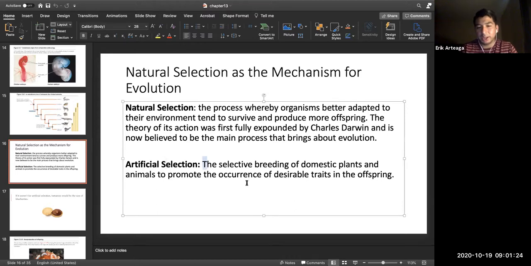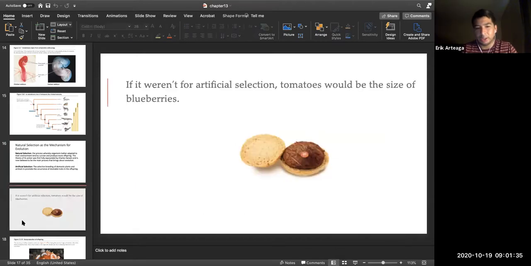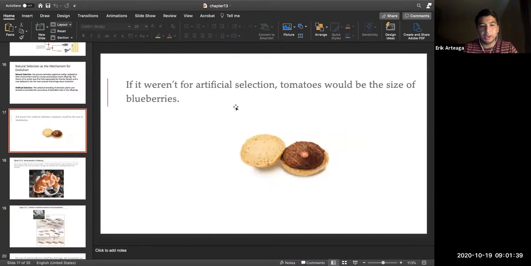But we can also select for problematic traits that we don't foresee, such as blindness or bad hips. And then it talks about artificial selection: we have selected for larger fruit and larger produce. If not, the tomatoes would be tiny.